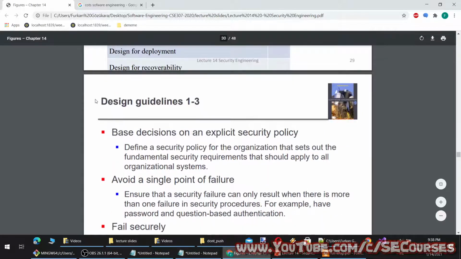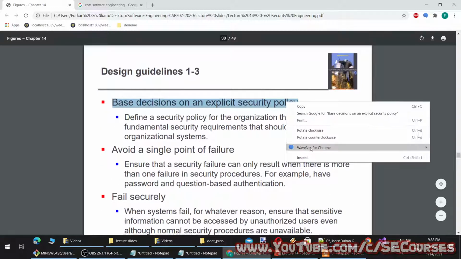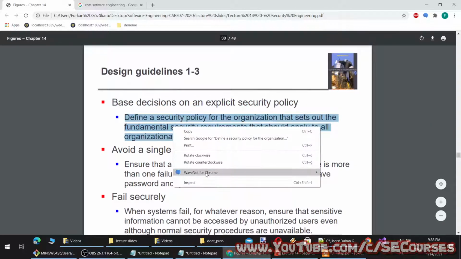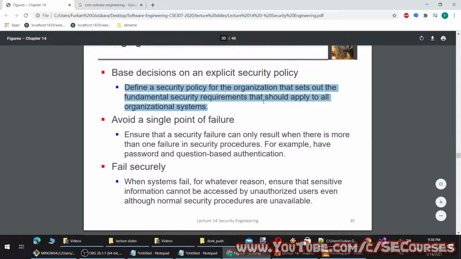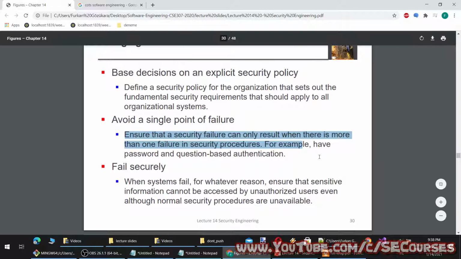Okay. So design guidelines 1 to 3. Let's read their definitions. Base decisions on an explicit security policy. Define a security policy for the organization that sets out the fundamental security requirements that should apply to all organizational systems. Avoid a single point of failure.